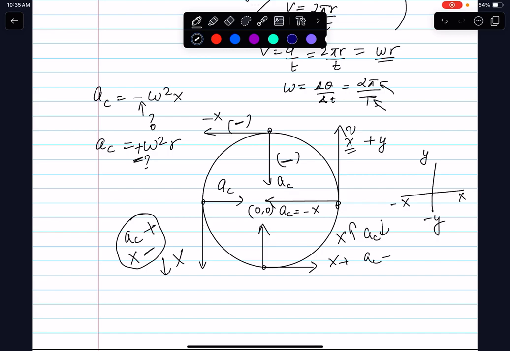But for example over here, if the object is going to the right, then the centripetal acceleration is acting upwards. So if x is positive, centripetal acceleration is also positive, right? So that can be one reason why you have a negative sign, right? That could be one of the reasons over here.